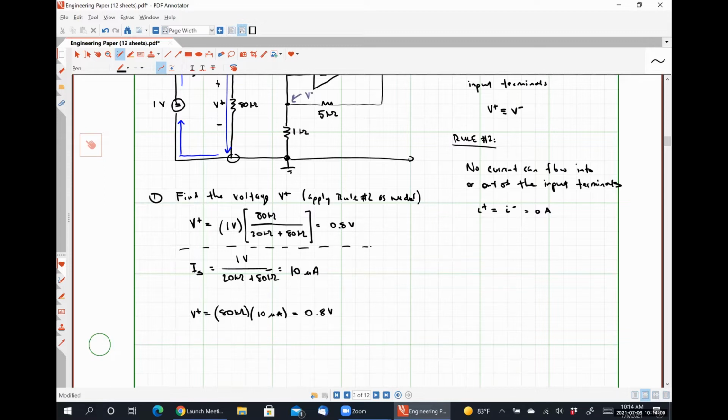We get the exact same result either way. But in my opinion, recognizing that that input stage is a voltage divider gets us to our result a little bit quicker. So any questions about what we've done thus far?